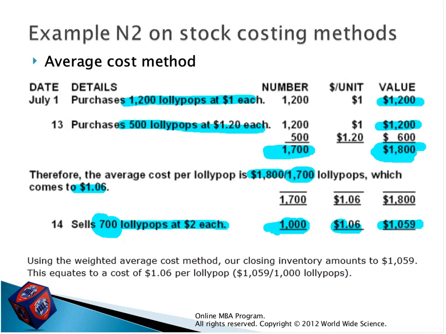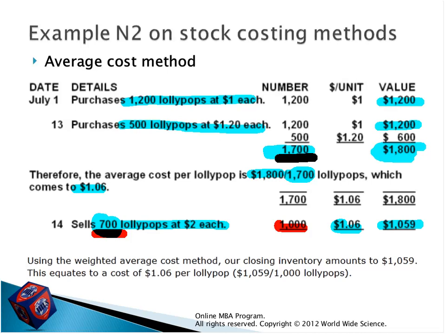Let me show you something. Here we check our 1,700 deducted by the selling units, 700, and we get our balance of units, which is 1,000.